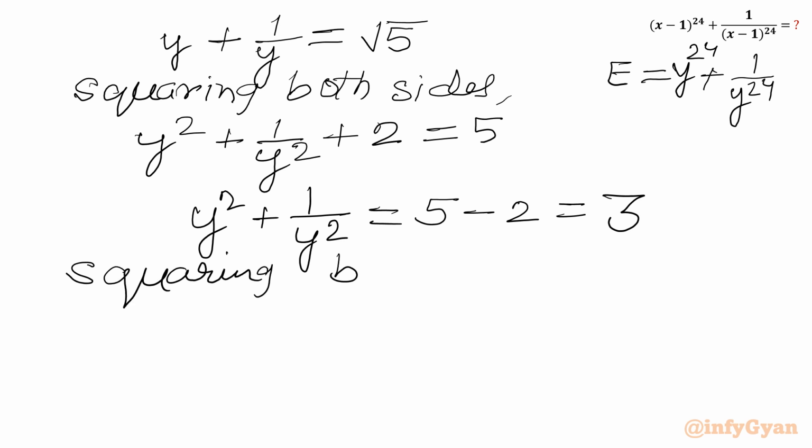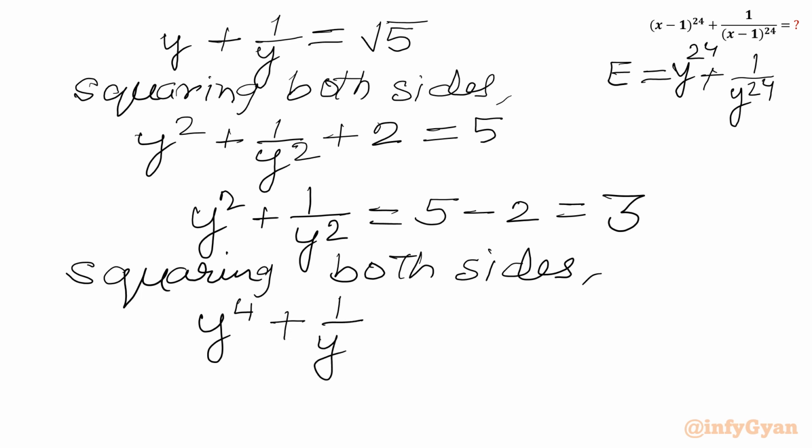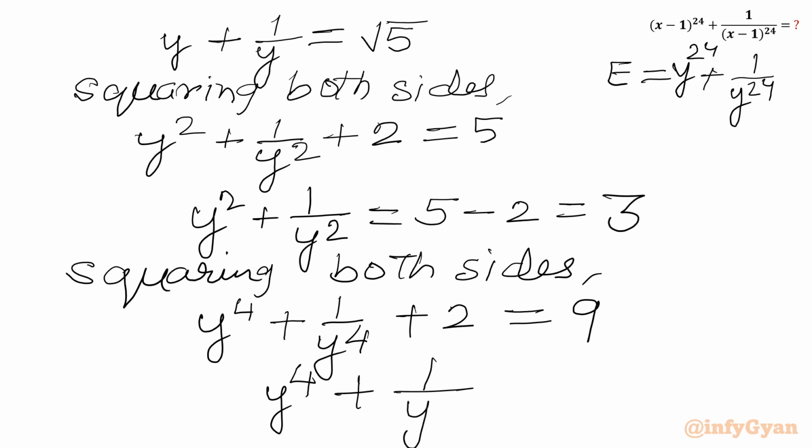We will get y power 4 plus 1 over y power 4 plus 2, where y square and 1 over y square will be over, equal to 3 square, which is 9. Now subtract 2 from both sides. We will get y power 4 plus 1 over y power 4 equal to 7.